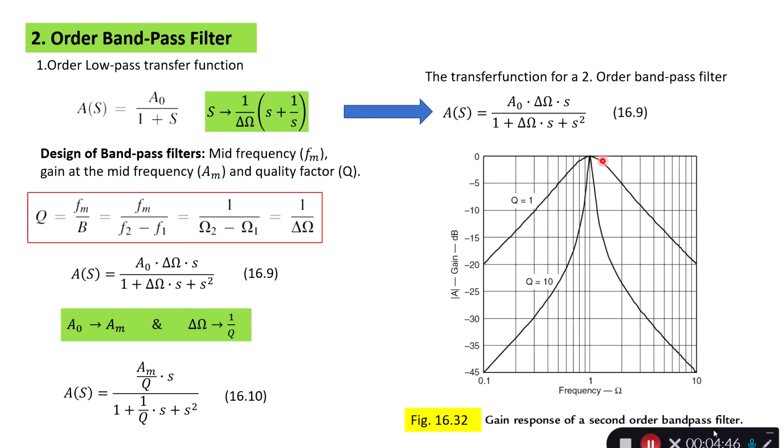Here we have a gain of 0 dB. That's a gain of 1. But we can actually have filters that peak up and have some dB above 0 dB.